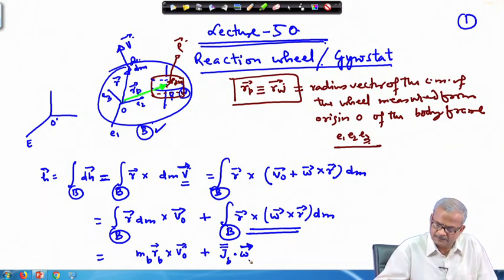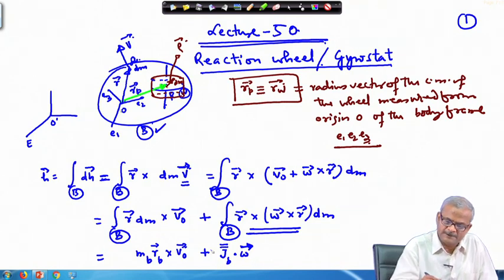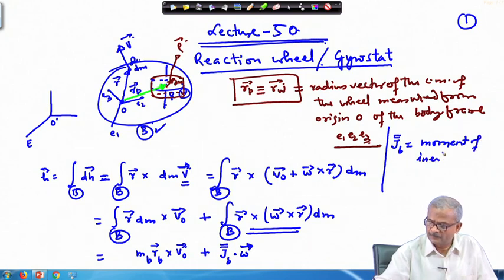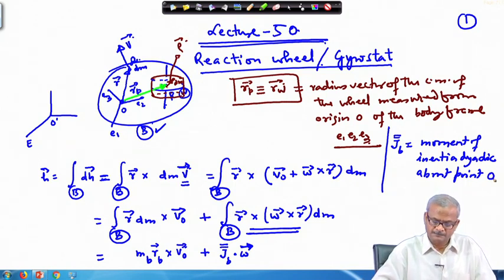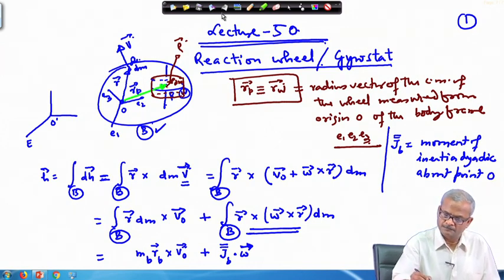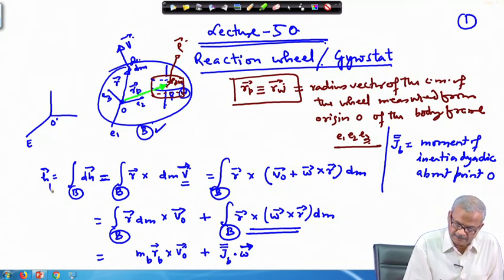Okay. So, where J b is the moment of inertia dyadic about the point O. Okay. So, we should write here also the moment of inertia dyadic about point O. And here we will write H b.